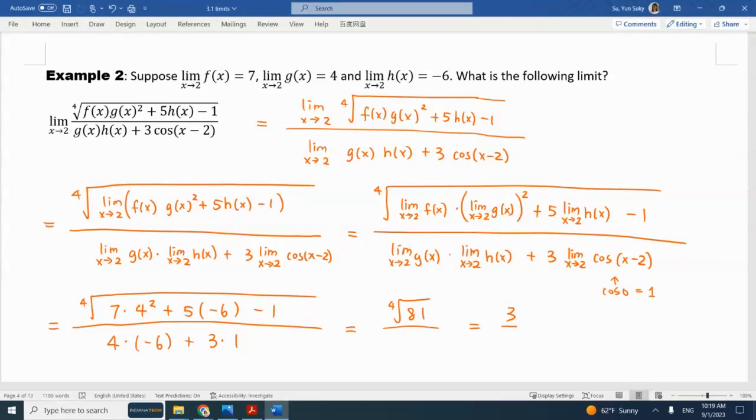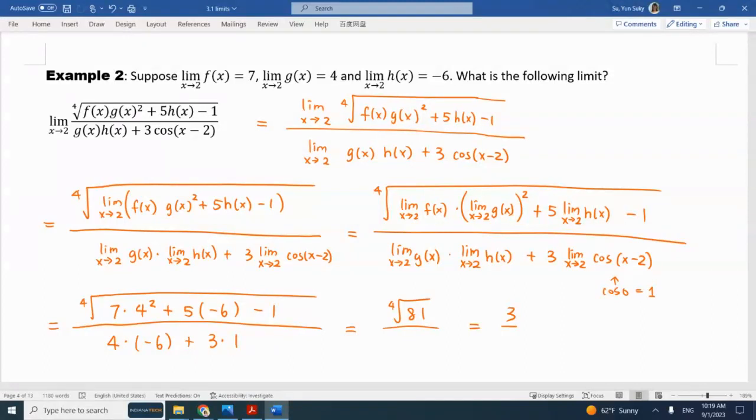We first plug in the number and see what happens, right? So cosine of 0 is 1. It's a good number. If you get 0 over 0, then you have to do something else. But if you get any good number, then that's the answer. Okay.